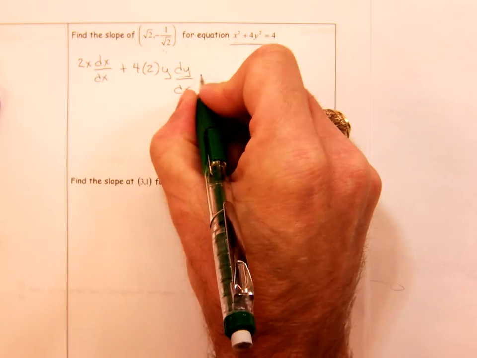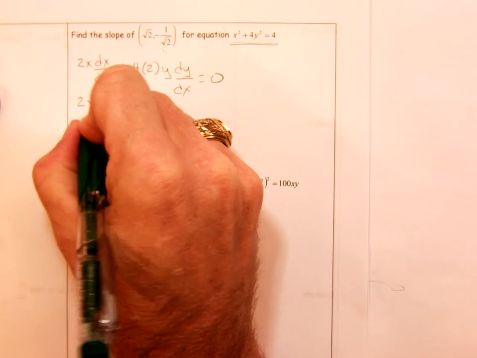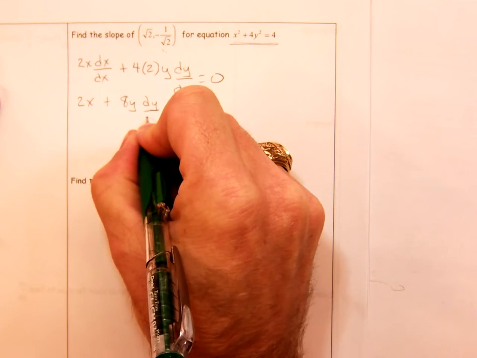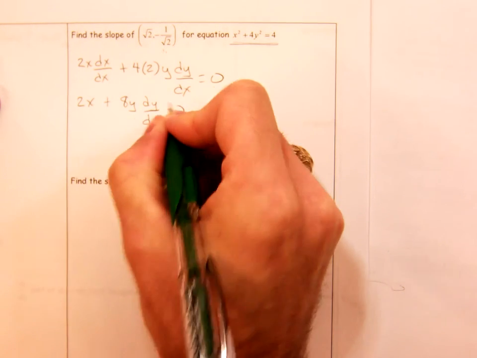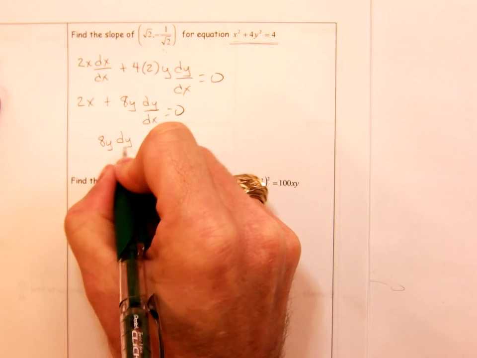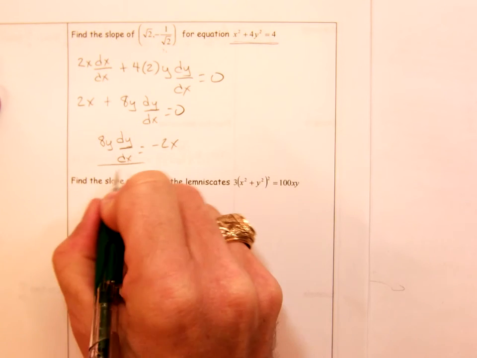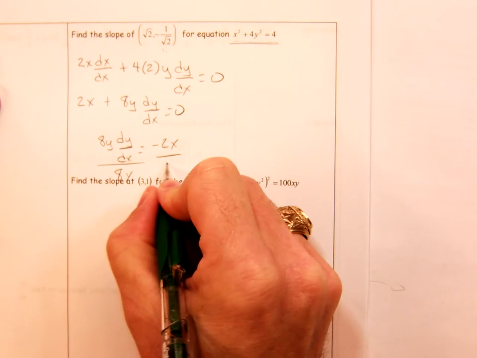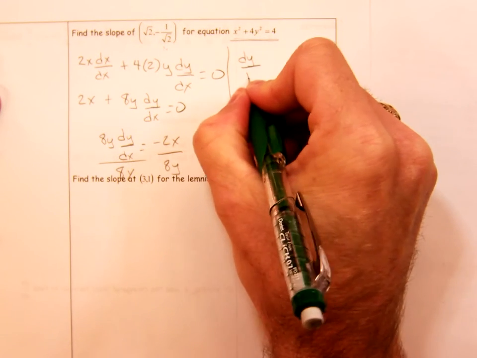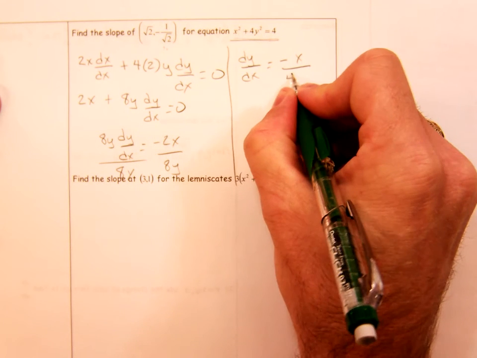Yeah. Equals 0. 2x plus 8y dy/dx. 8y dy/dx is equal to negative 2x. Divide both sides by 8y. I get dy/dx is equal to negative x over 4y.